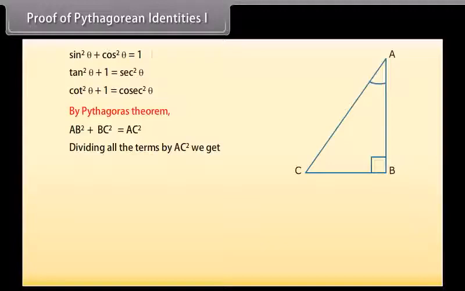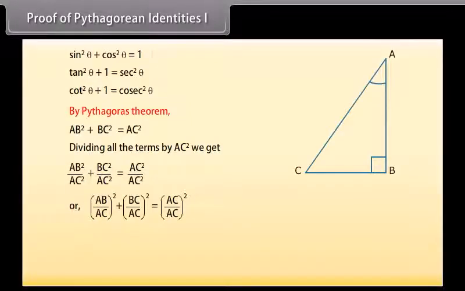Now dividing each term by AC square we can write it as AB upon AC whole square plus BC upon AC whole square, which equals AC upon AC whole square. That is, cos square A plus sin square A is equal to 1.